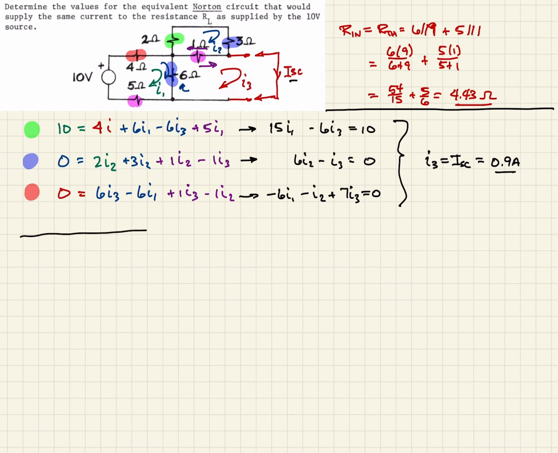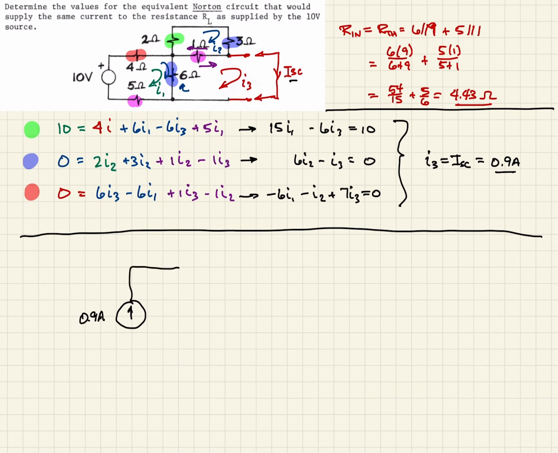So now we have our input or Thevenin resistance. We have our short circuit current. This is all we need to construct our Norton equivalent. So when we do a Norton equivalent, we recall that we have a current source, and that's our I short circuit. So that'll be 0.9 amps.